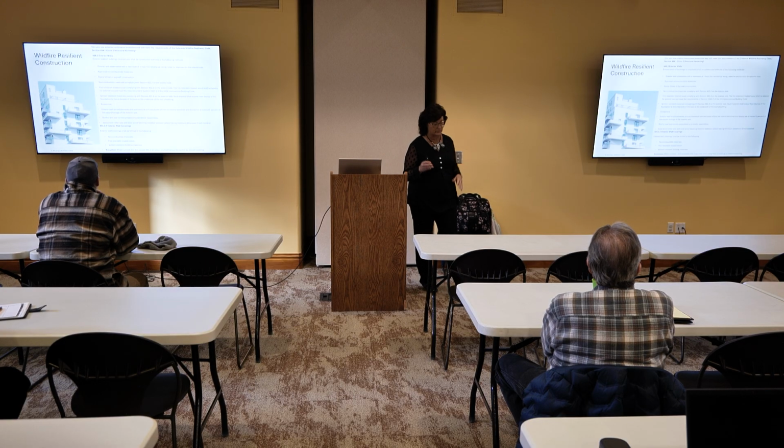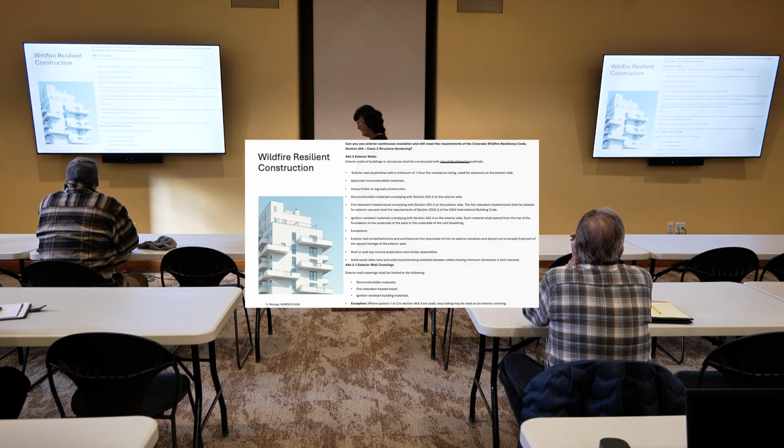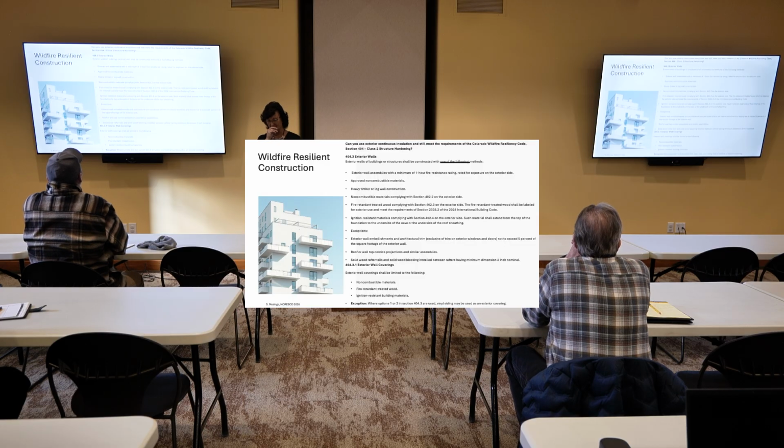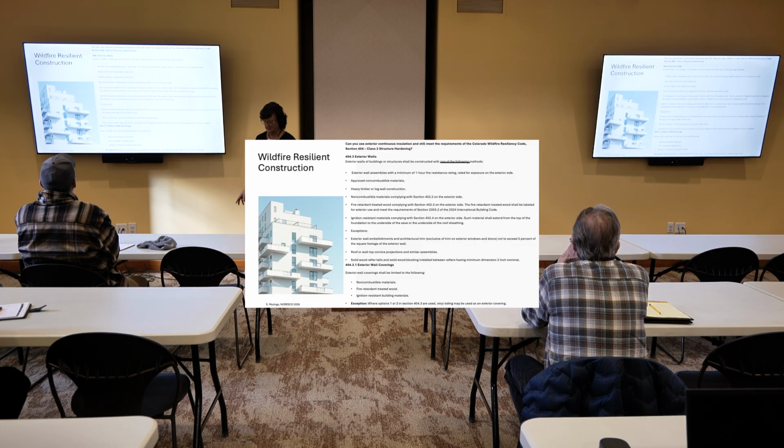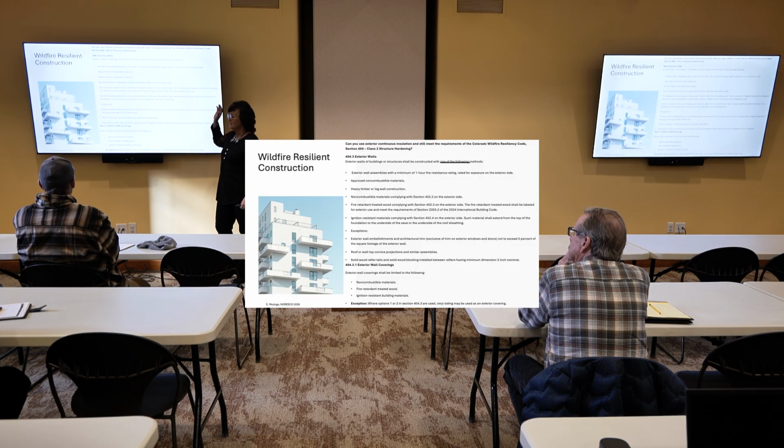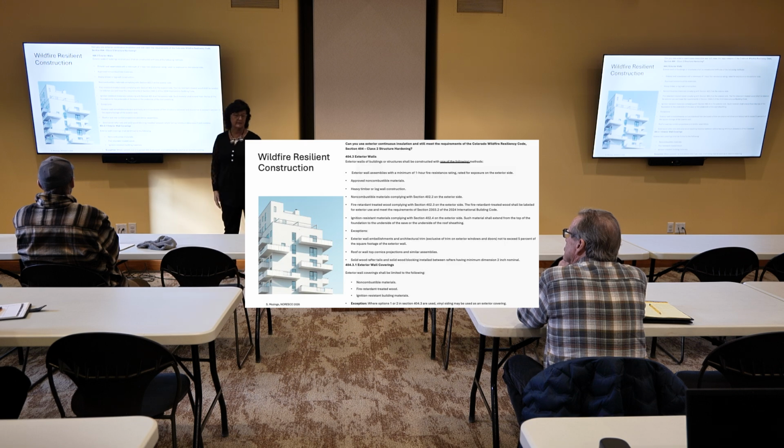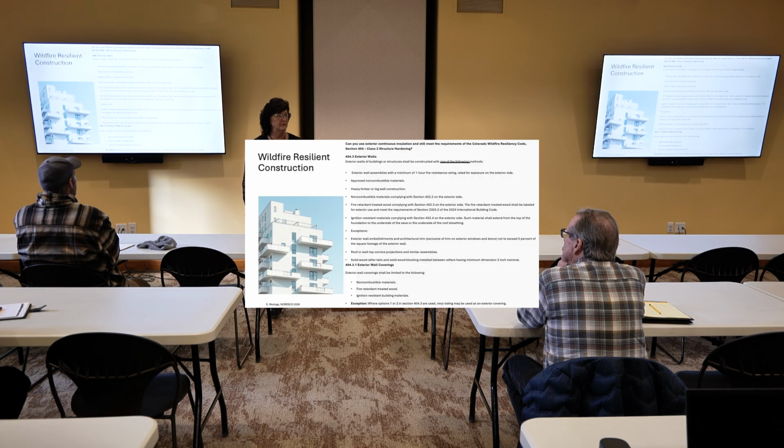I know this is really, really small wording, so I'm going to hopefully help you. I had to put it all on one slide just so I could show you what it's talking about. When it gets into the hardening requirements, it says that we have to build exterior finishes to resist these wildfires. How do we do that? They're not going to say, thou shalt build your buildings out of concrete.